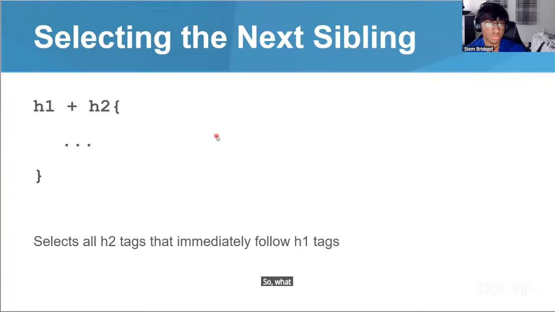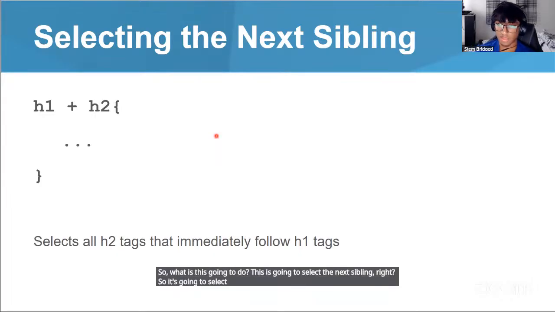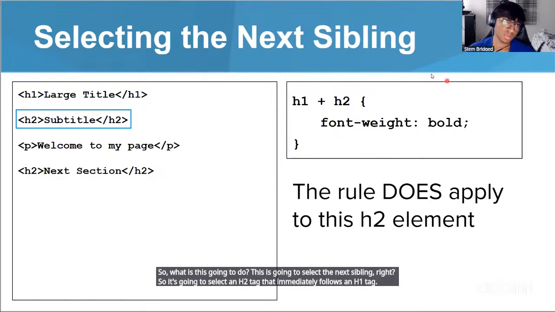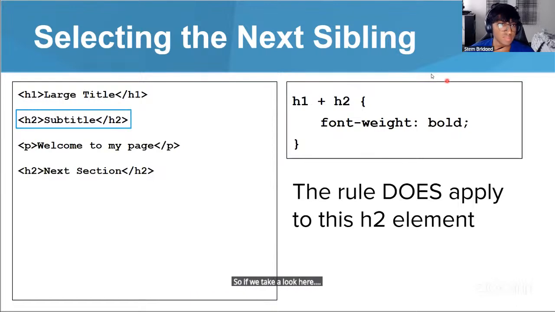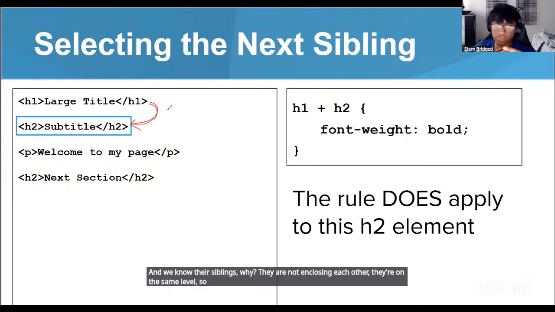So what is this going to do? This is going to select the next sibling, right? So it's going to select an h2 tag that immediately follows an h1 tag. So if we take a look here, this h2 tag comes right after an h1 tag, right? And we know they're siblings. Why? They are not enclosing each other. They're on the same level. We remember we learned about levels.